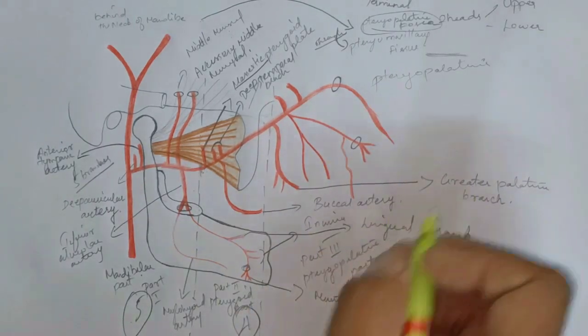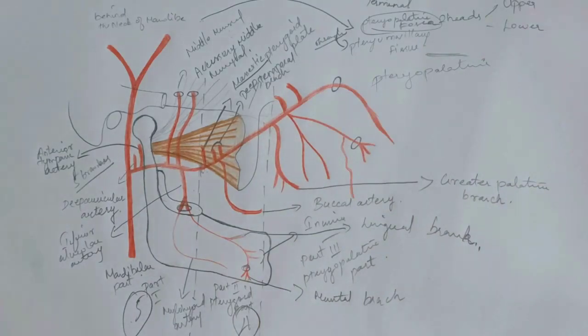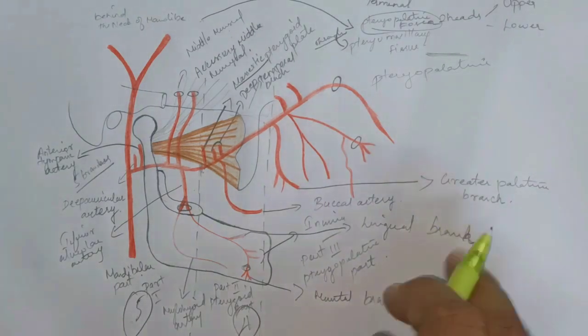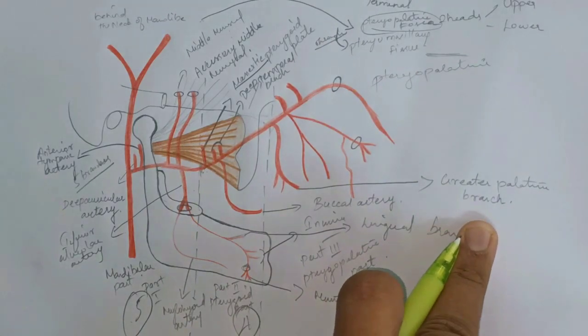It supplies the posterior region teeth and it ascends forwards, reaches the incisive foramen, and from there it enters into the nasal cavity. So this greater palatine branch comes out through the greater palatine foramen and reaches the incisive foramen, comes out through the incisive foramen and reaches the nasal area.